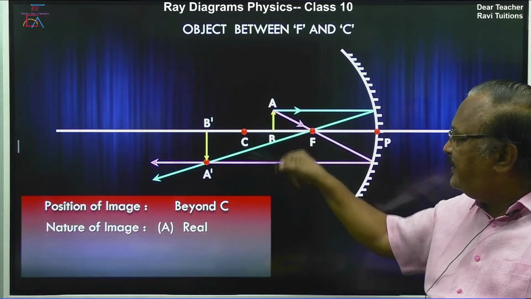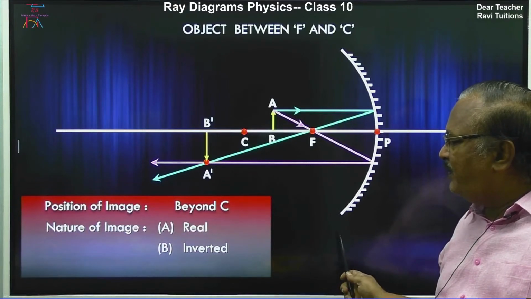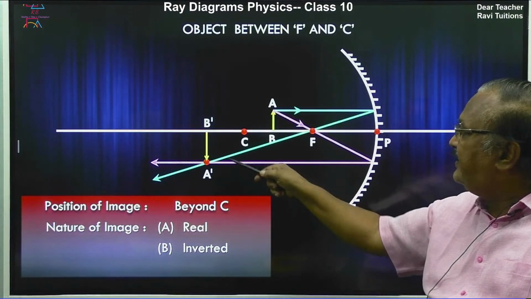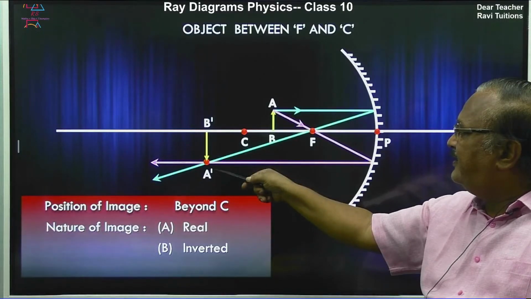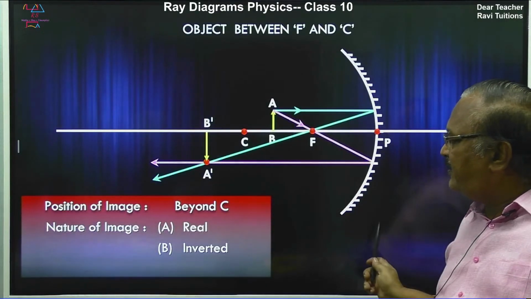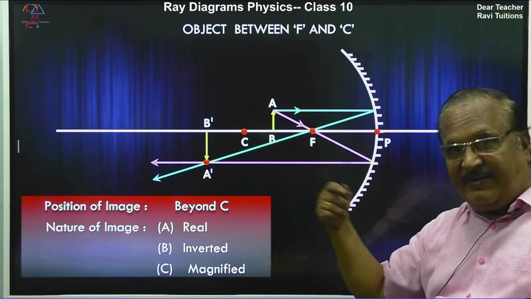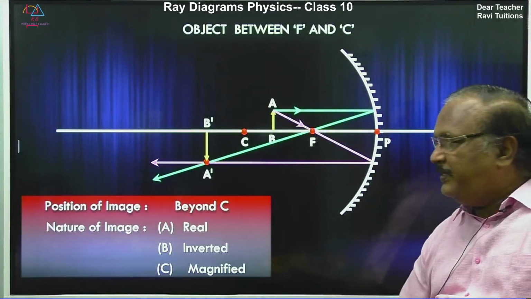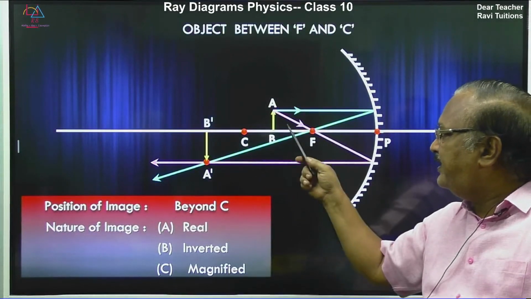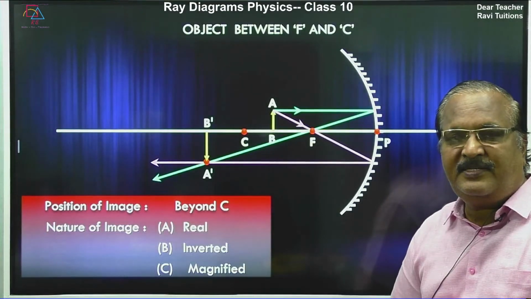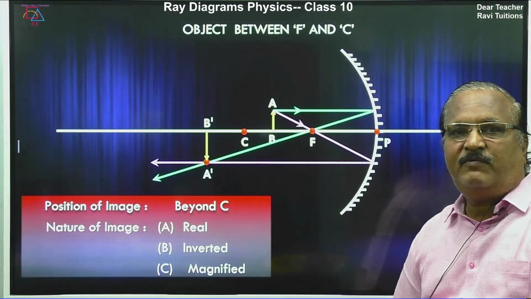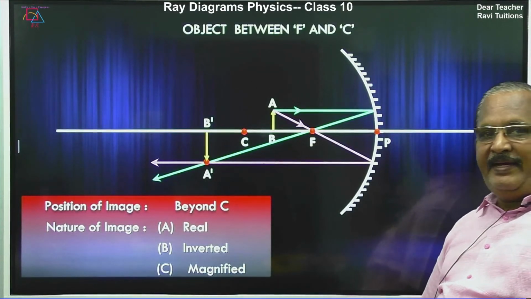It is inverted, ulta palta. The size of the image is bigger than the object, therefore it is magnified. Magnified means the size of the image is bigger than the size of the object.